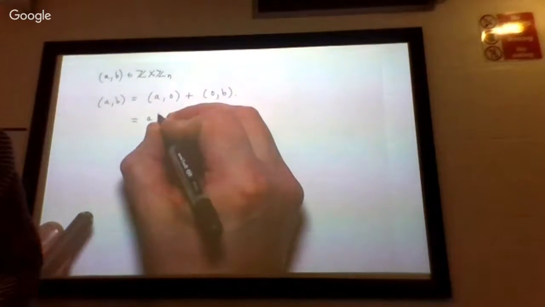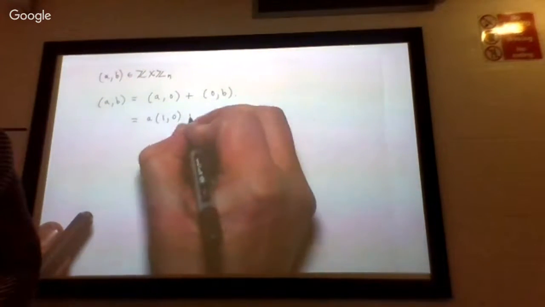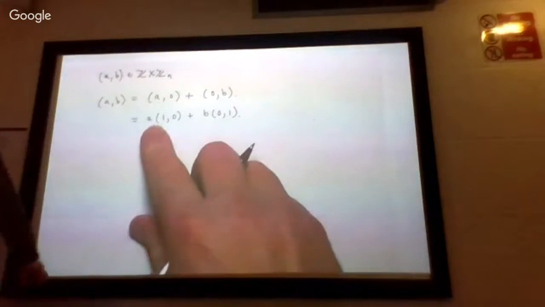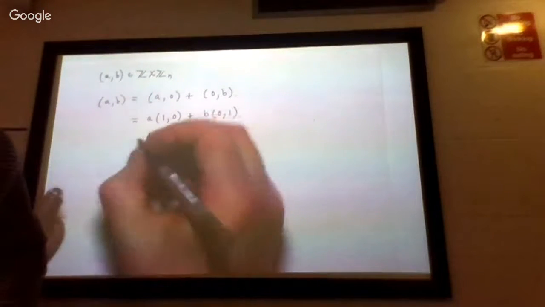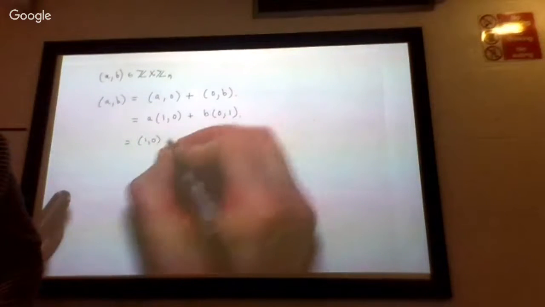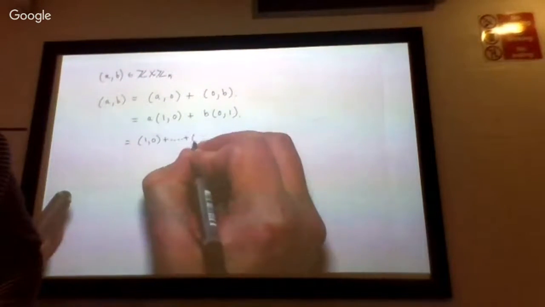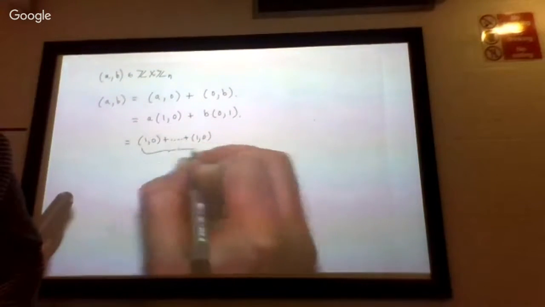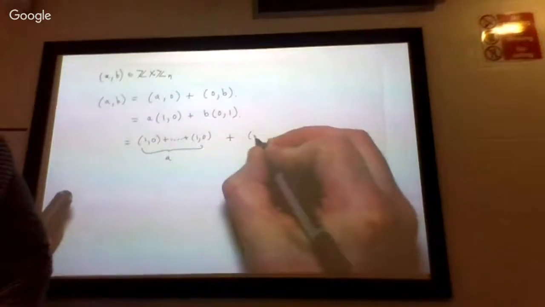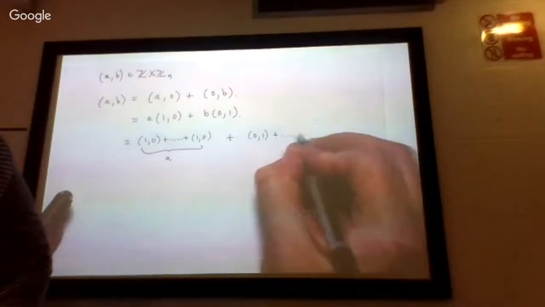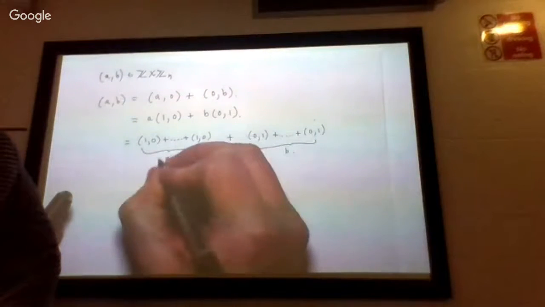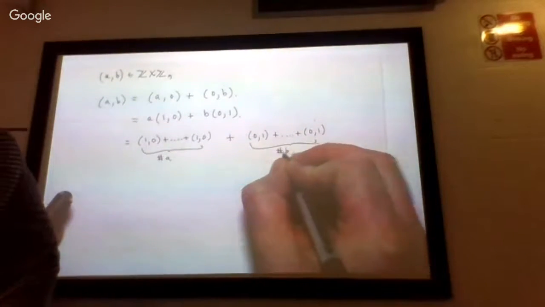Now remember we're using additive notation for groups here. So a times (1, 0) just means (1, 0) plus a certain number of copies of itself, a copies added together, and then plus some number of copies of (0, 1), where the number of those is b.